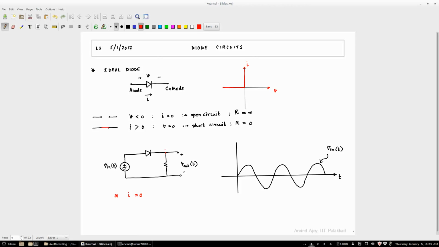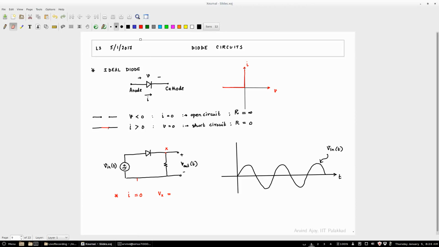So first take the situation when I is 0. Okay, what would that mean? If I is 0, then this point will be sitting at, let me call it, say, X. What would be Vx? Tell me the exact number.